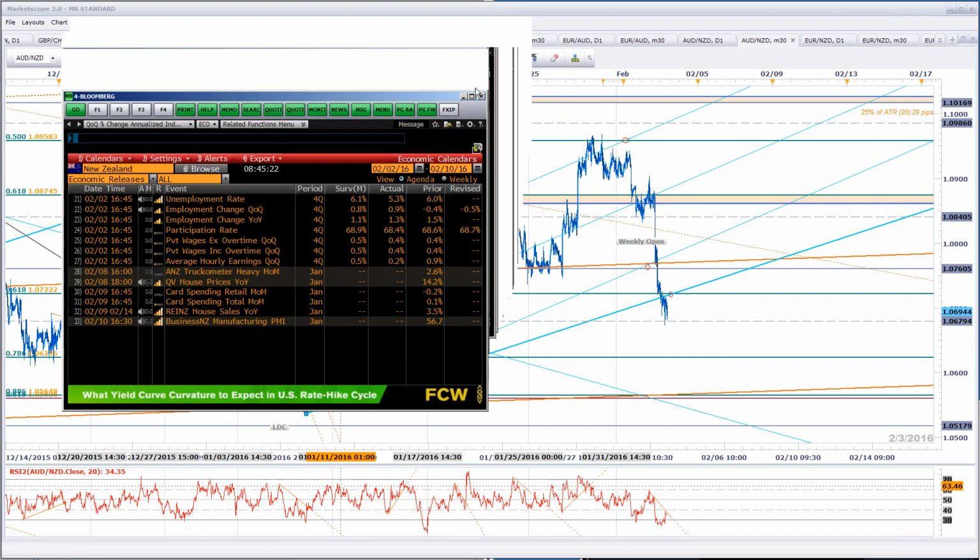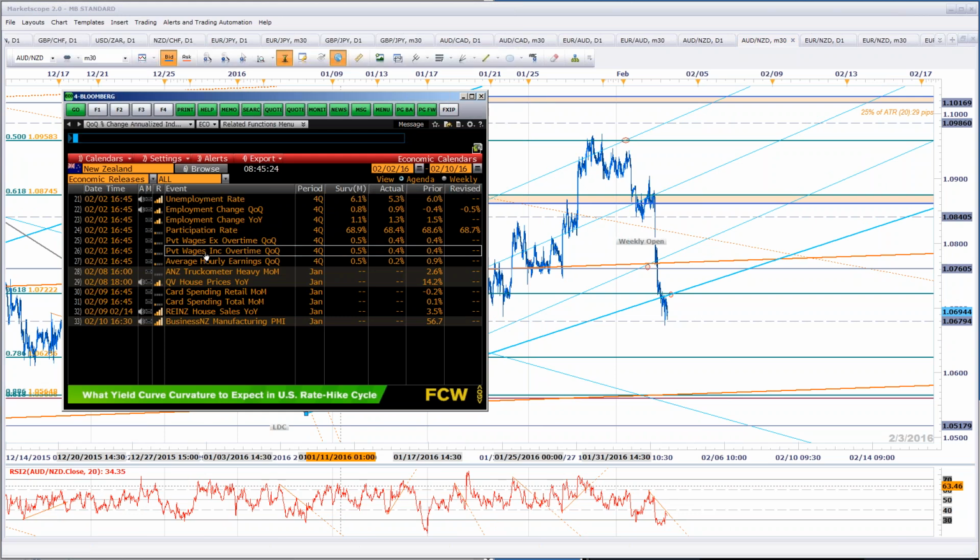And again, here's a quick reminder of the employment numbers that came out for New Zealand last night. Much stronger, right? 5.3, we were looking for a 6.1% uptick in unemployment, actually came in much stronger than expected. Employment change, we were looking for a gain of 0.8, came in at 0.9. Year over year, 1.1 was expected, came in at 1.3.